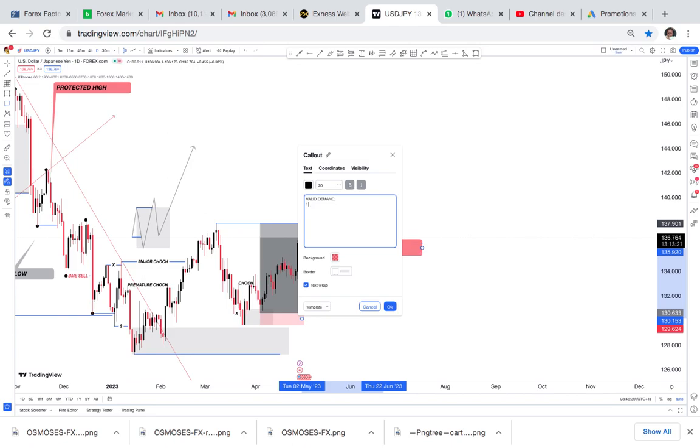One, must collect liquidity. Two, must change the character or break market structure.